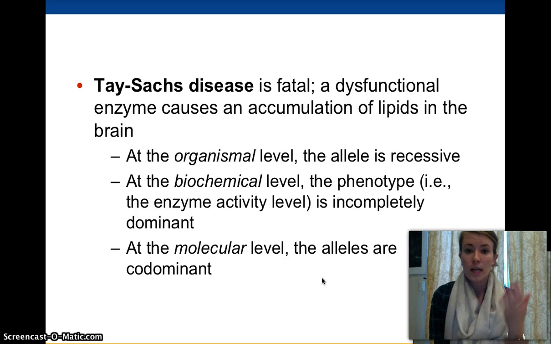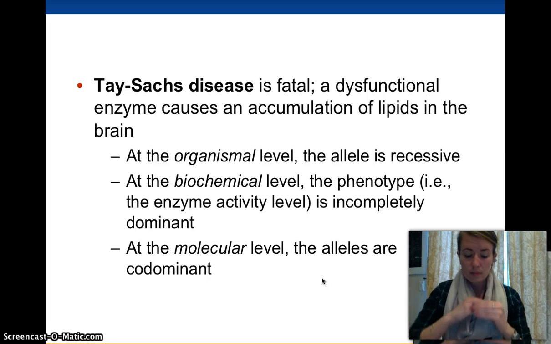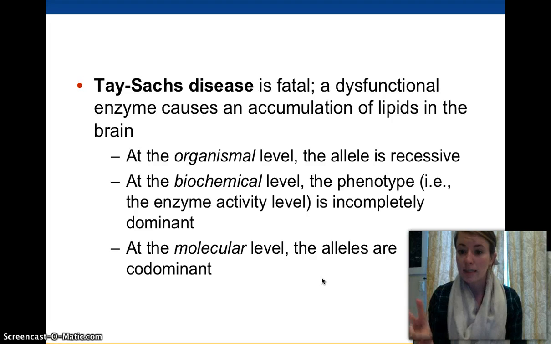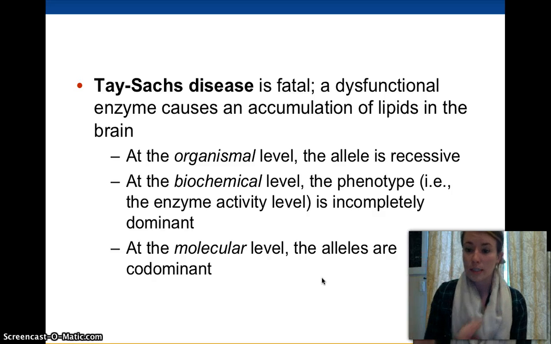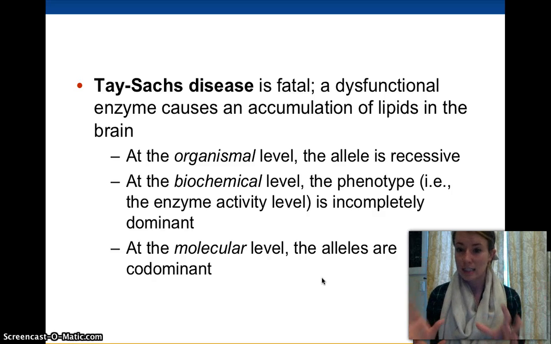Okay? So at the organismal level, the allele is recessive. So if you're looking at the whole person, the allele is recessive. You have to have two copies of the Tay-Sachs allele to have Tay-Sachs. That's what that means. When looking at the whole person, a whole person does not have Tay-Sachs disease unless they have two copies of that allele for this enzyme that doesn't work.